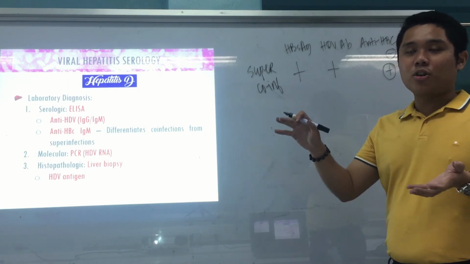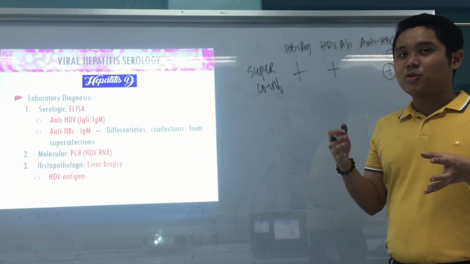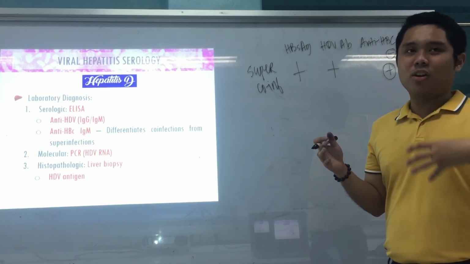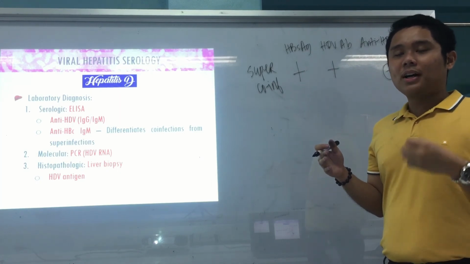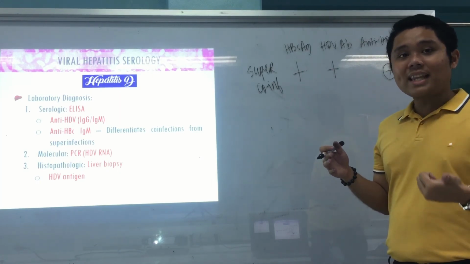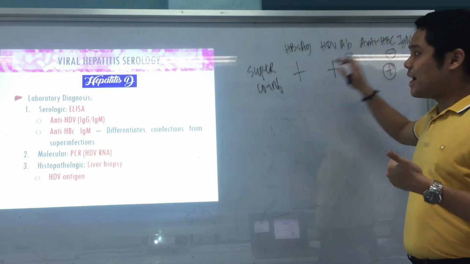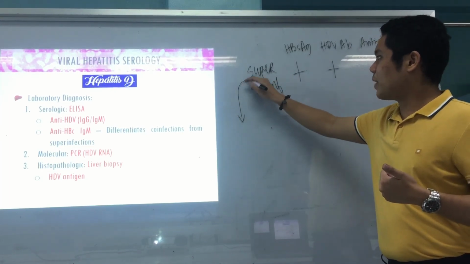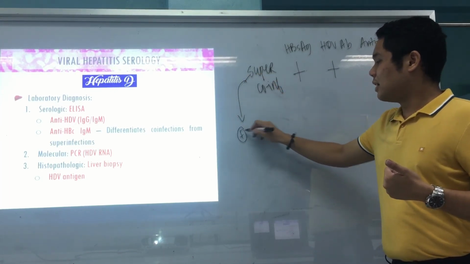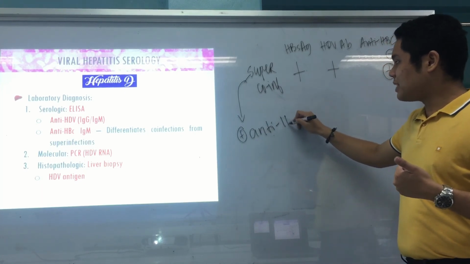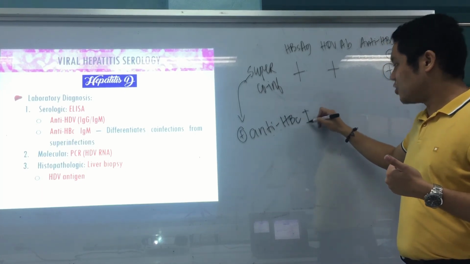But for super infection, it means that the Hepatitis B has already been there for a long time na, okay, or dugay-dugay na yun. So therefore, your anti-HBC IgM, wala na. Pero ang super infection, positive siya sa anti-HBC IgG. Ayan.